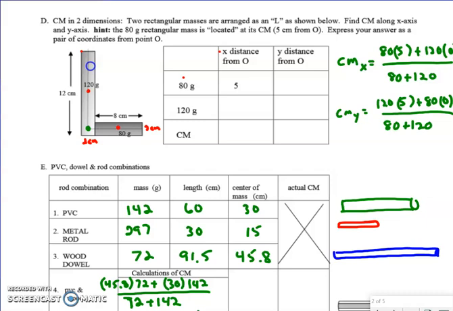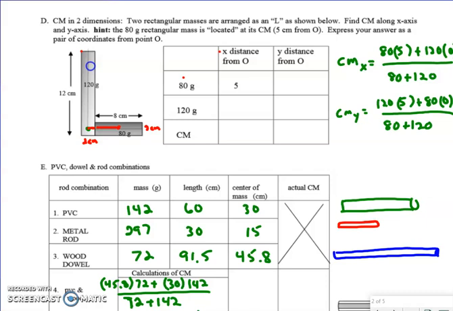If I know that, then from here to the edge of the 12, moving in the x direction for the 80, what I'm looking for is how far away this dot is from here. It's 1 plus 4, so it's 5 away.